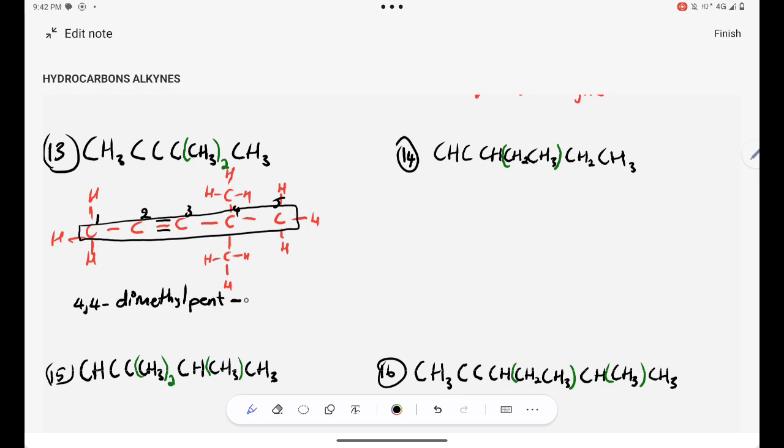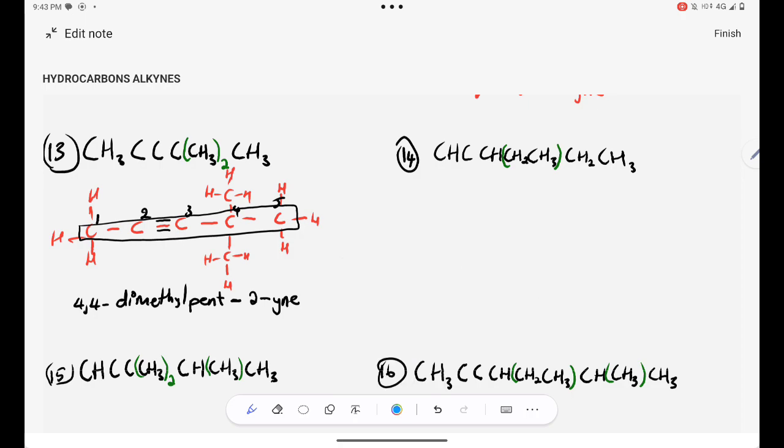And then between carbon 2 and 3, I have my triple bond, so I'll write 2 and yne over there as my suffix. So the IUPAC name will be 4,4-dimethylpent-2-yne.